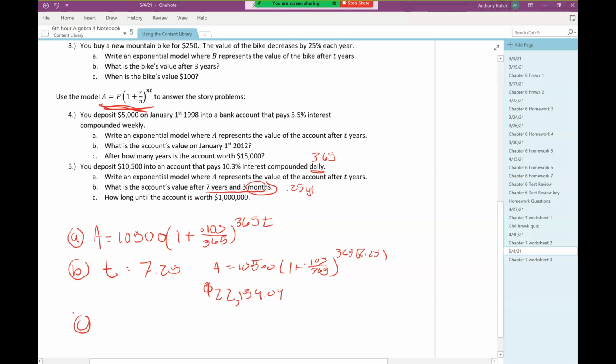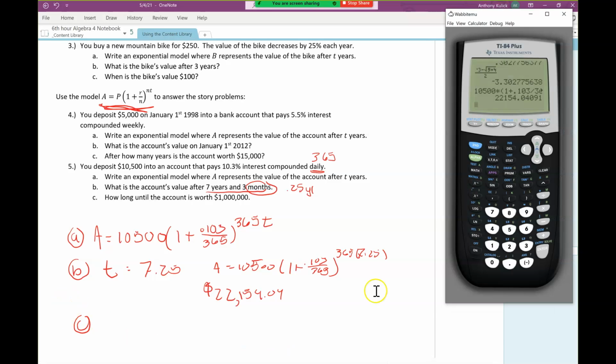And then part C asks, how long until the account is worth $1 million? So the way we do this is by graphing. So I'm going to graph 1 million in one spot, and then my function from part A in the other spot.